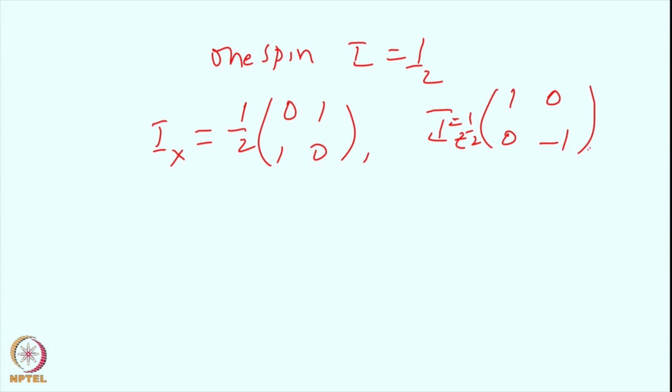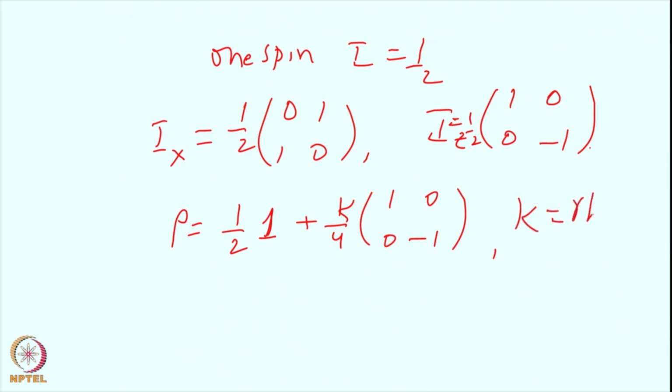And therefore the density operator rho turns out to be half into the unit matrix plus k by 4 times 1 0 0 minus 1, where k is gamma h cross H naught by kT.